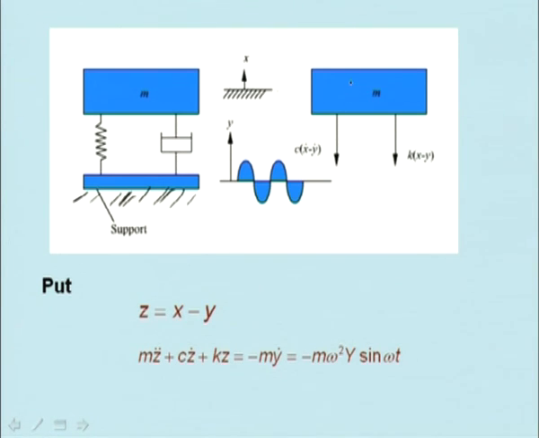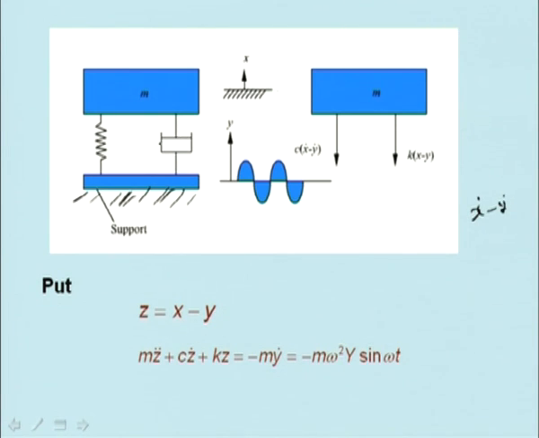This is the relative velocity, because the absolute velocity of the mass m is x dot, and the support itself is moving with y dot.